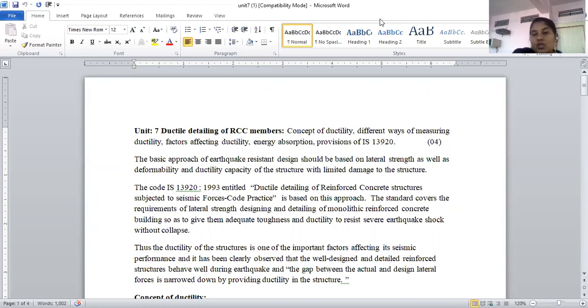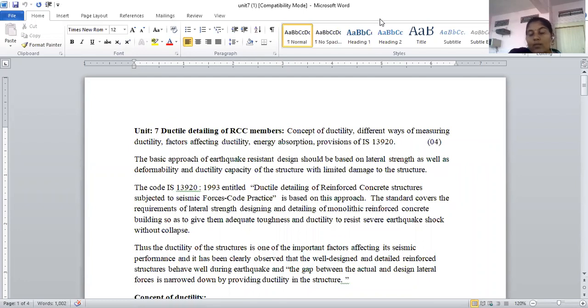If we apply such factors related to ductile detailing in the building, then automatically we can achieve an earthquake resistant building. We can reduce the damages to the structures when dynamic loads and external loads are coming on the structures. For that purpose we have to go through this IS code, whatever assumptions and factors they have given in it.